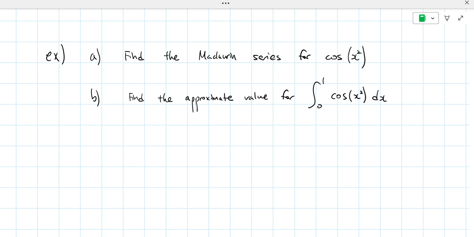And then we can also check using the calculator by actually doing the integral from 0 to 1 of cosine of x squared and seeing if it's actually equal to each other.